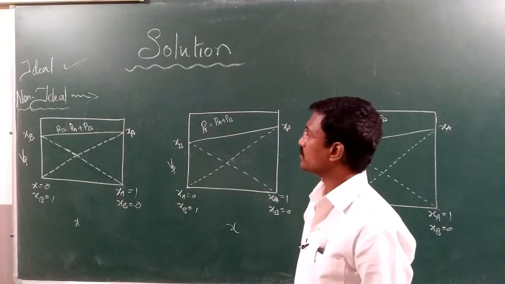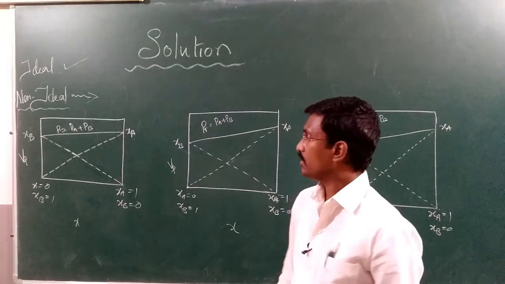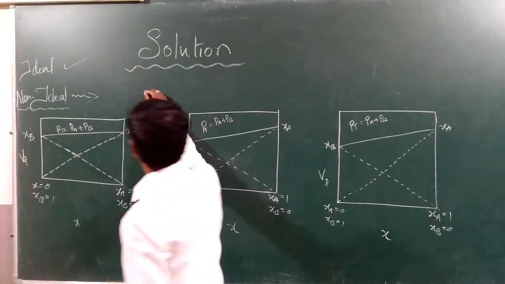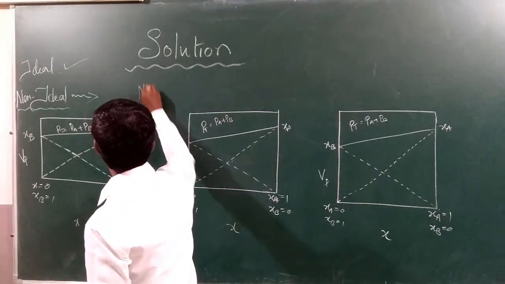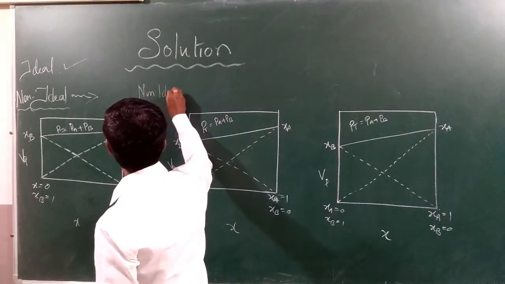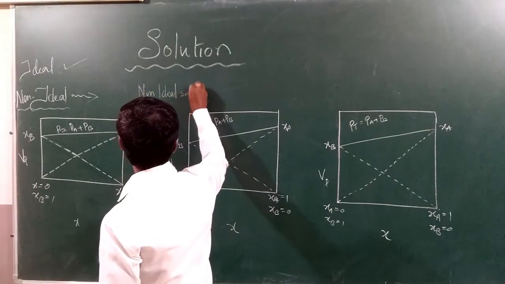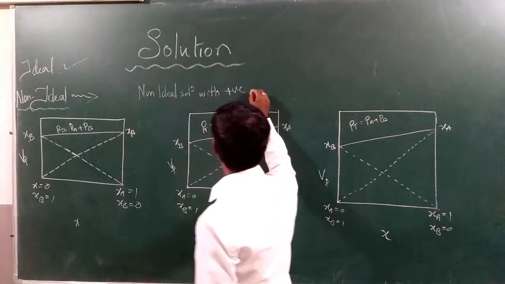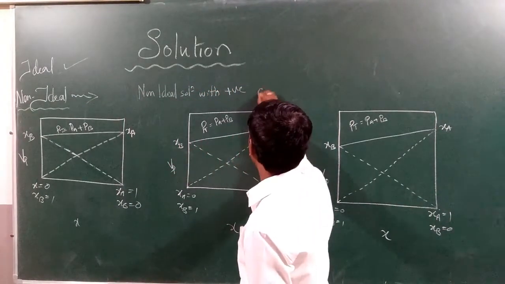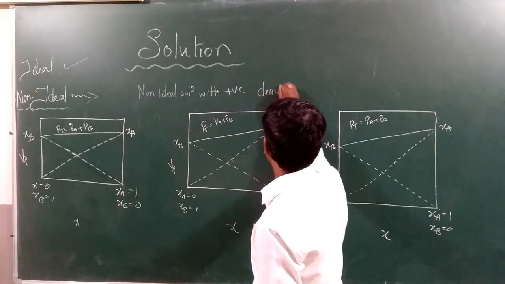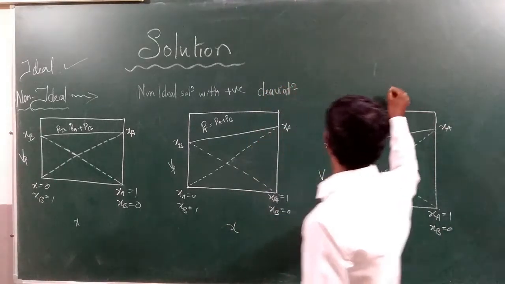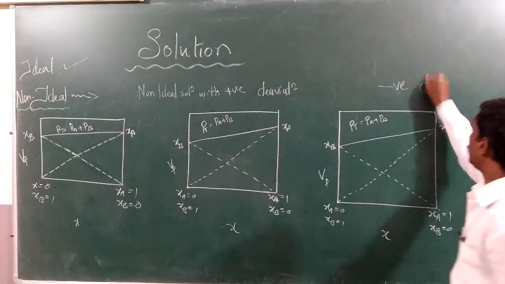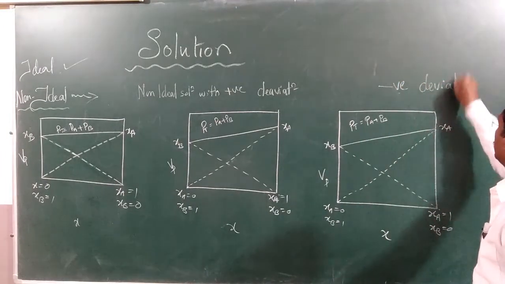In the non-ideal solution, again there are two types: non-ideal solution with positive deviation, and another one with negative deviation.